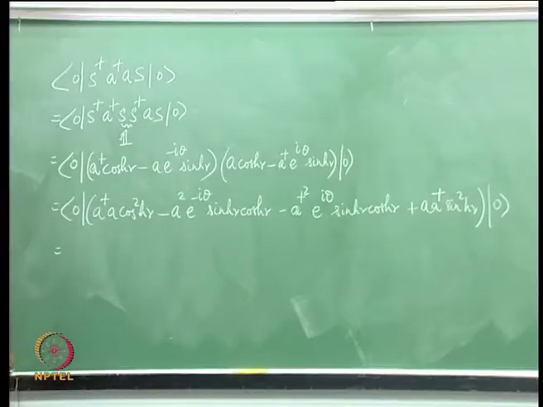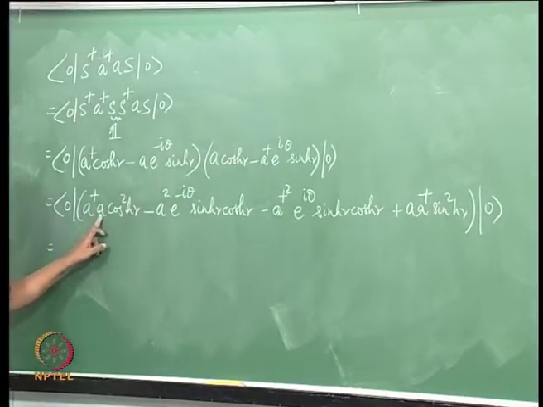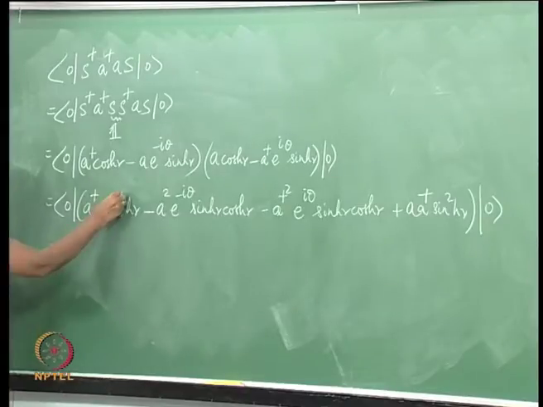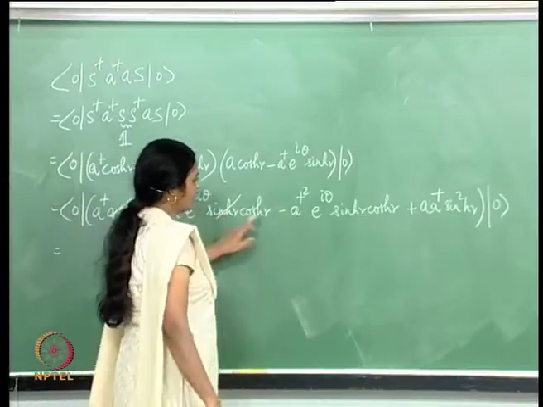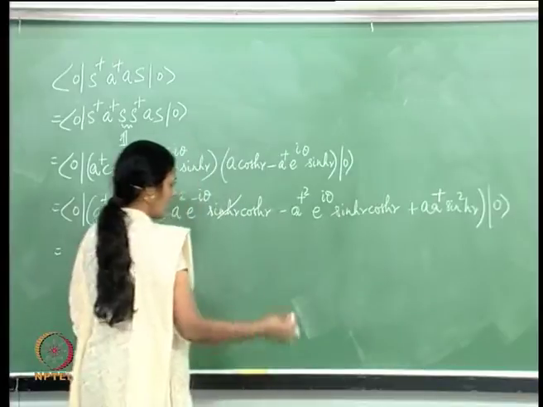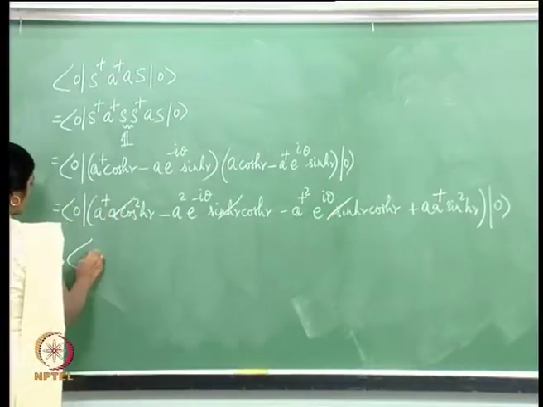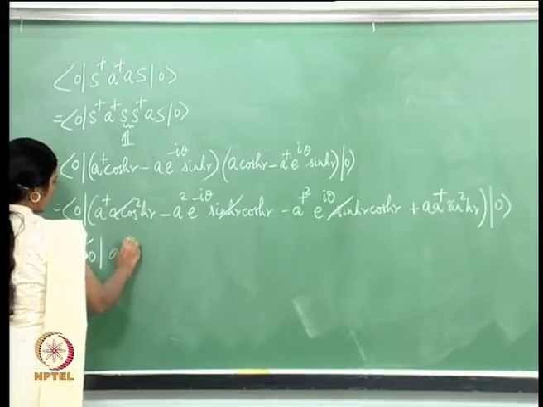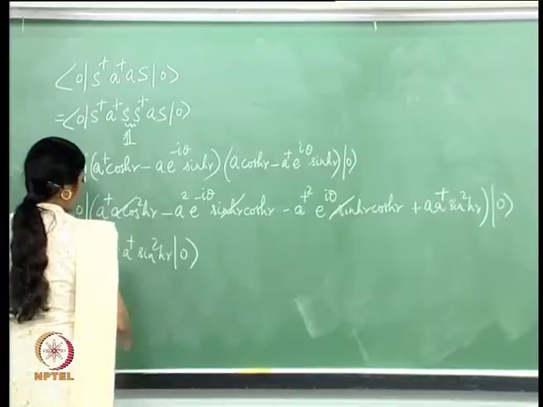This can be simplified as before. Look at the first term, A†A acting on ket 0 gives me 0, so that does not contribute. A squared simply annihilates ket 0. A† squared acting on ket 0 takes it to ket 2, and by orthogonality this is 0, and I am left with ⟨0|A† sin squared hr|0⟩.